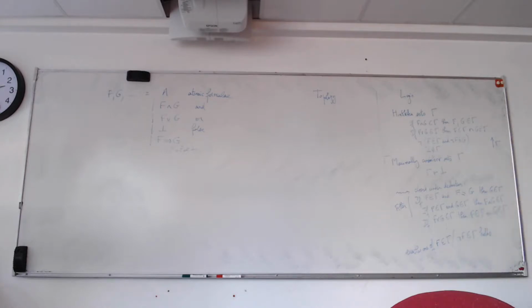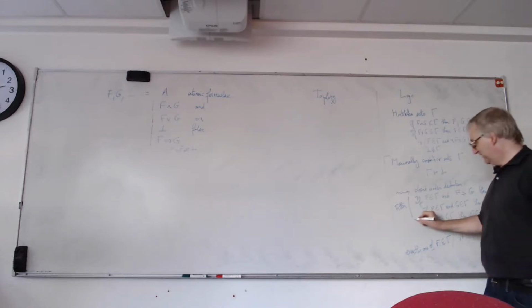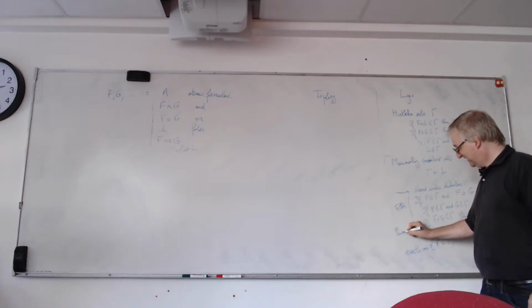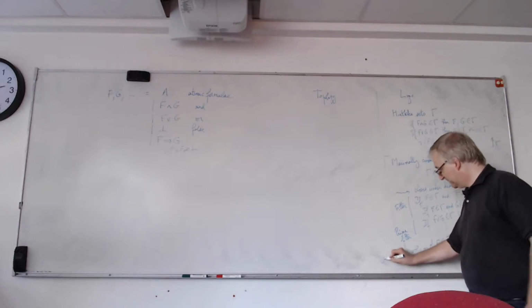An ultrafilter is this property. This says it's a prime filter. But ultrafilter is a stronger property than prime filter.